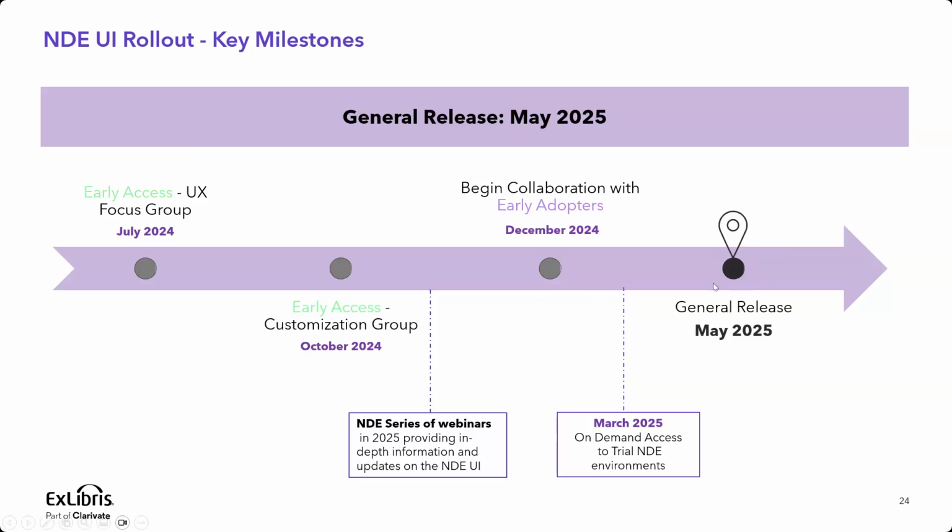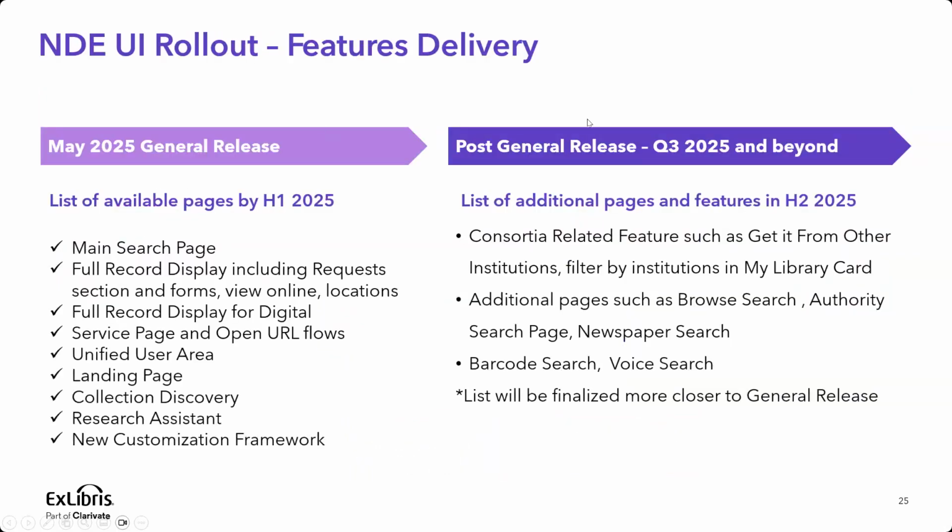It also includes consortia. They can start testing the NDE with the May release. They will be missing some features, like get it from other institution or the ability to filter in the institution card from other institutions, but this will be developed right after.